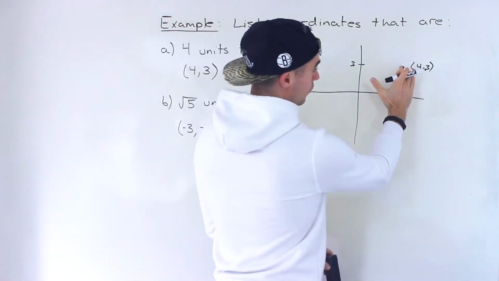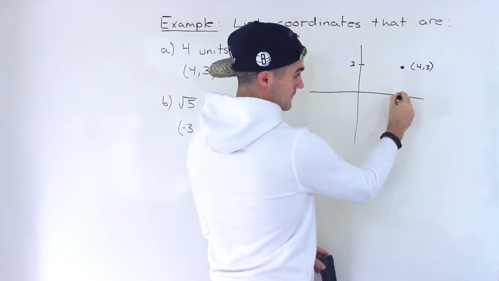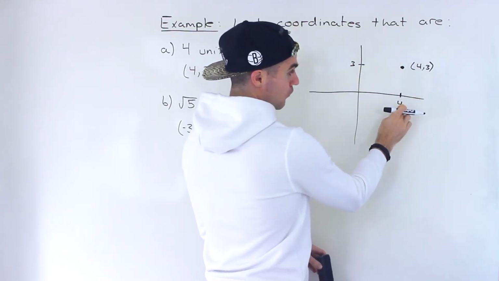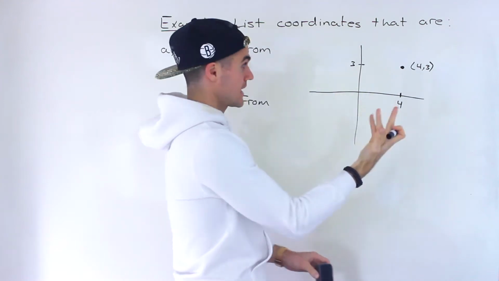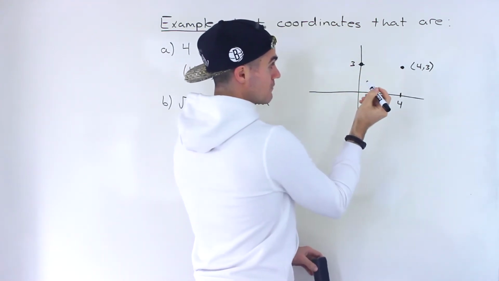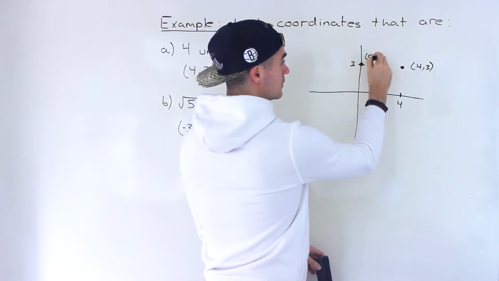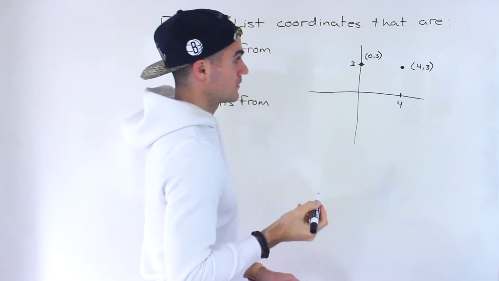What if we go 4 units to the left? Notice we're at an x value of 4, so 4 minus 4 gives us an x value of 0, and keeping the y value the same, the y value would still be 3. So a potential point would be (0, 3).